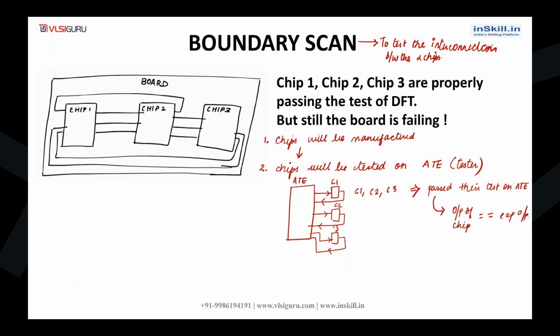So chip 1, chip 2, chip 3 have passed their test on ATE, and it means that they are not having any manufacturing defects.